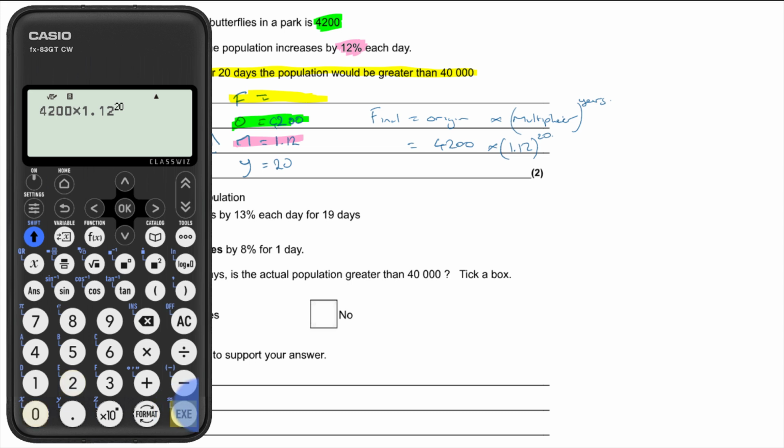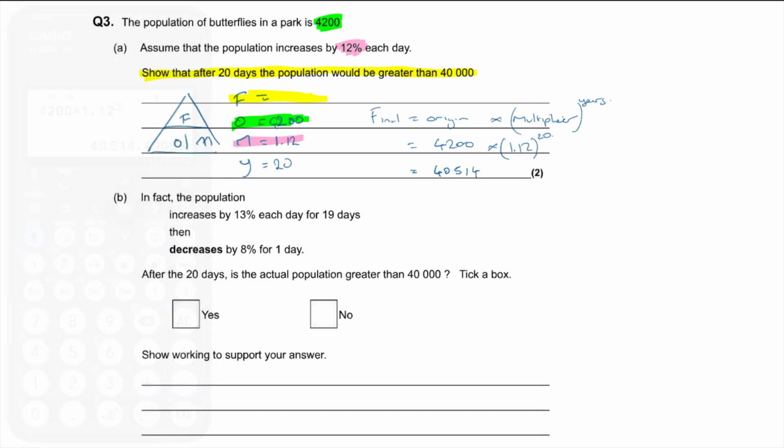And now that comes out to be a whole lot of butterflies. That's 40,514 and a bit of a butterfly, which I'm just going to try not to think about. So yes, 40,514, again, that is greater than 40,000.